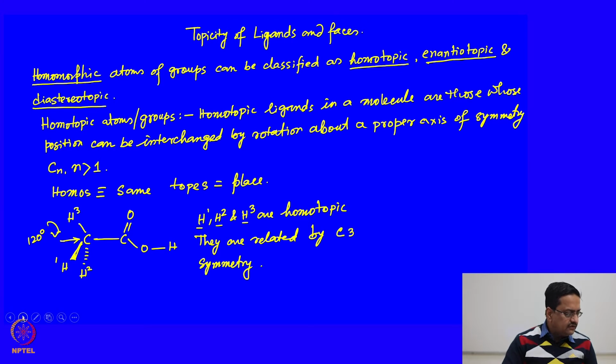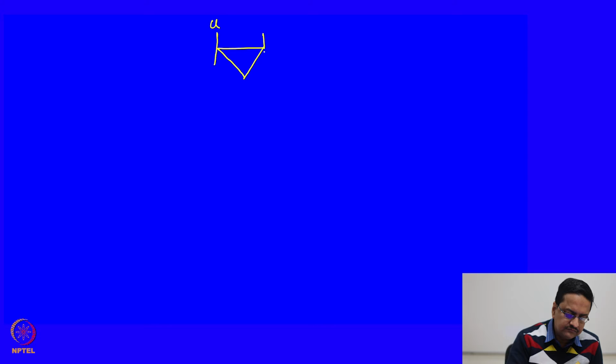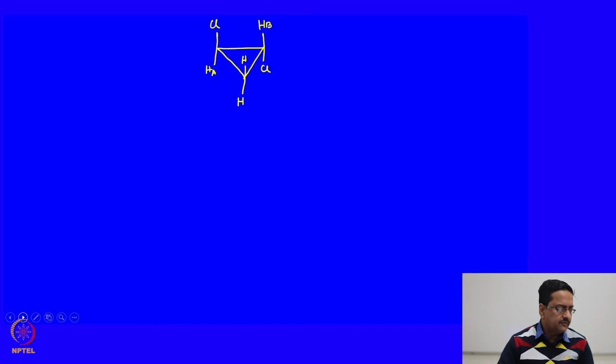Let us take another example, a cyclic compound, cyclopropane, in which I have two chlorine atoms in the trans position. The hydrogen atoms marked A and B are homotopic.